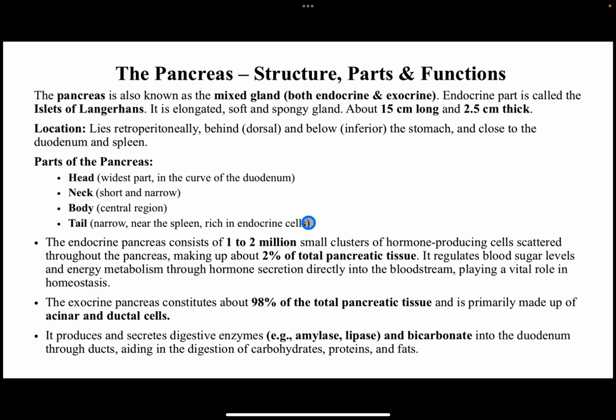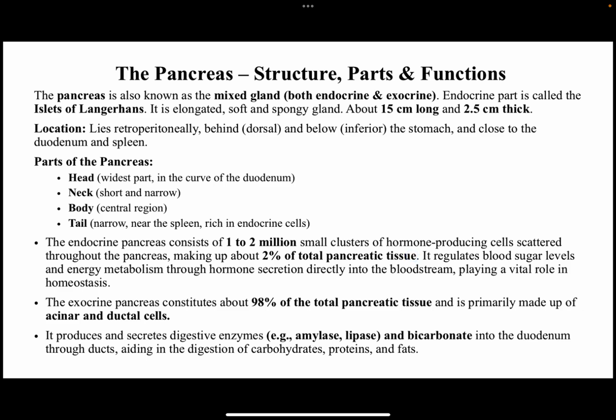We have a lot of the endocrine cells or the pancreatic islets within the neck, the tail region of the pancreas. And like I said earlier, the endocrine pancreas consists of about 1 to 2 million small clusters of hormone producing cells scattered throughout the pancreas, making up about 2% of the total pancreatic tissue. This is what I was explaining. So the endocrine pancreas is very small.